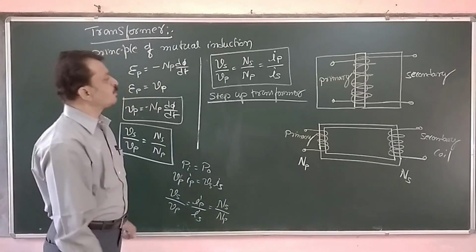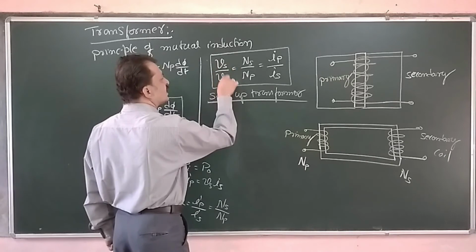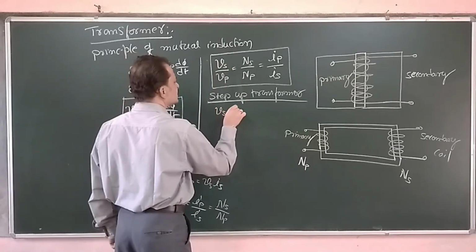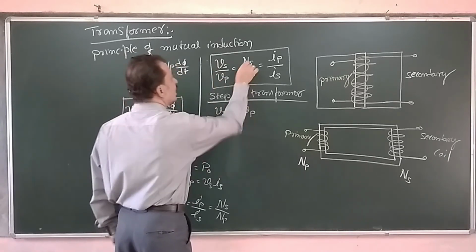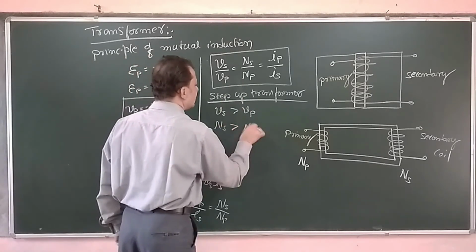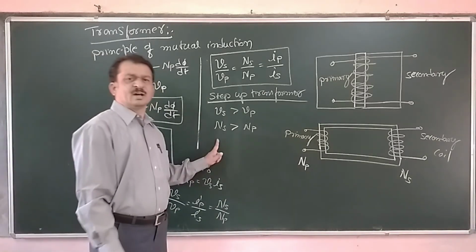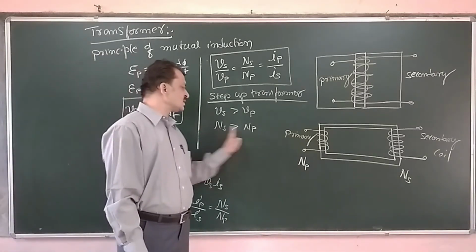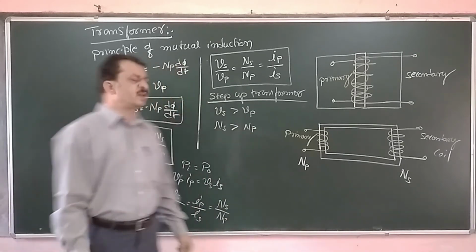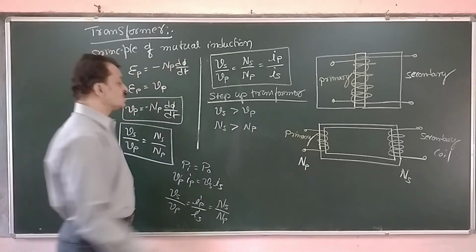Then it is called a step up transformer. Since Vs is greater than Vp, the number of turns in the secondary should be greater than the number of turns in the primary. That type of transformer we call a step up transformer.